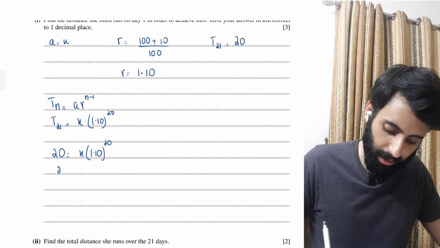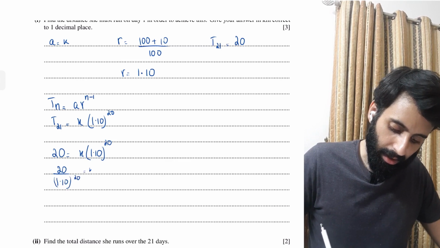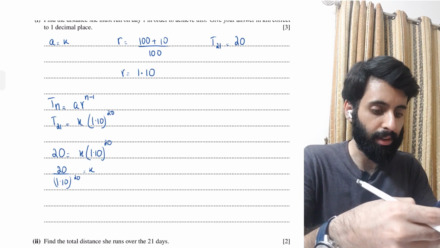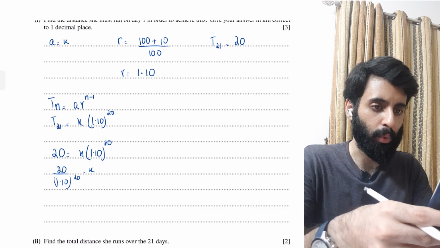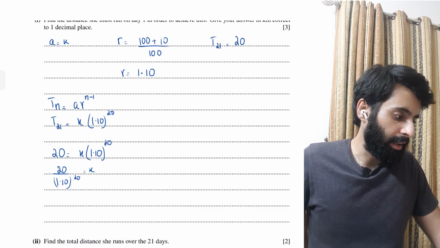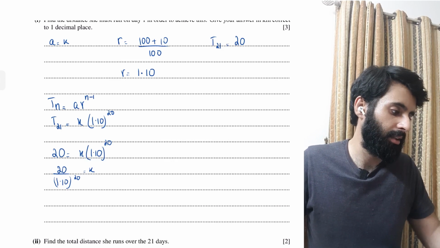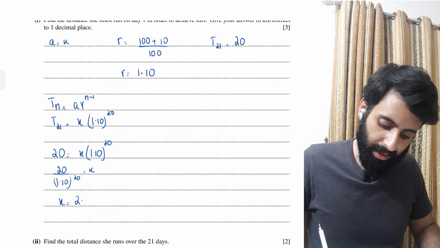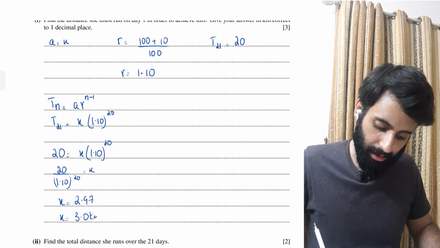So X is equal to 20 divided by 1.10 to the power of 20, and I'm going to evaluate this in my calculator. There's no other way to do it. So we're looking at 2.97, so let's write down 2.97. That's going to be equal to 3.0 kilometers.